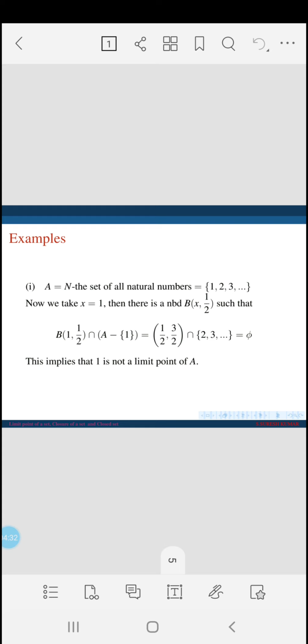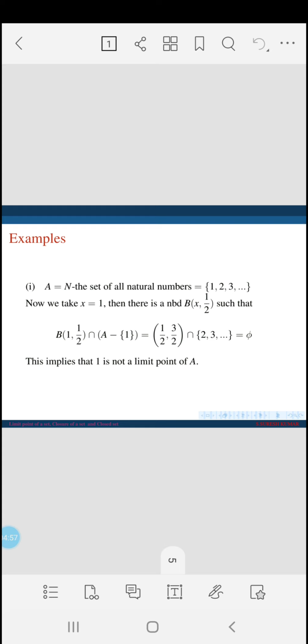Clearly, x equal to 1 is not a limit point of N. How? We can find a neighborhood centered at 1 and radius 1 by 2 that does not intersect with A except 1.